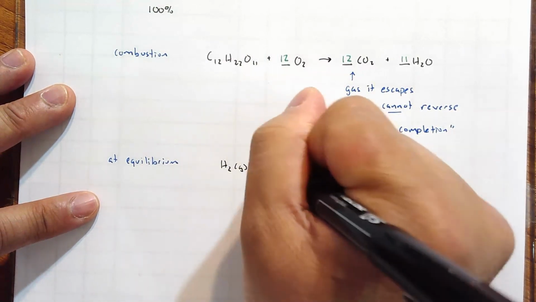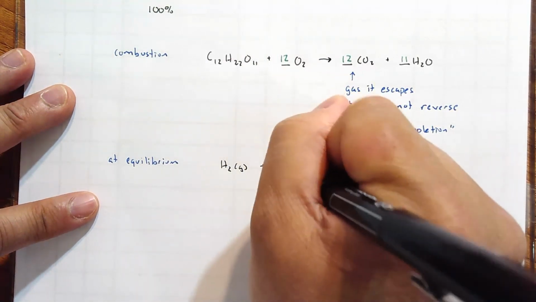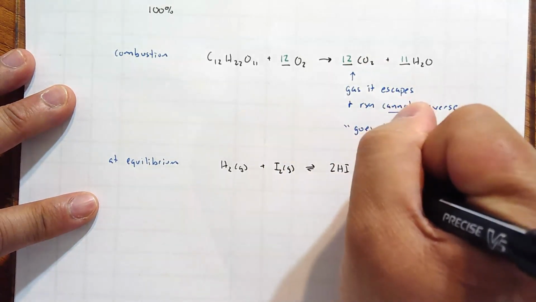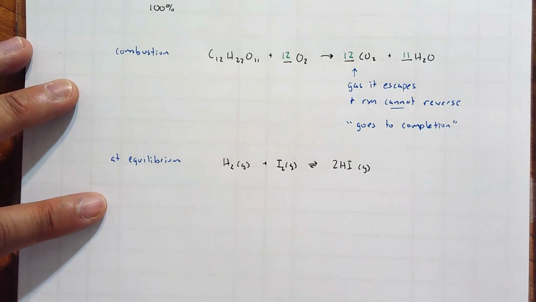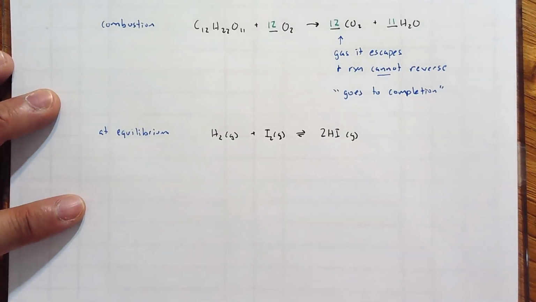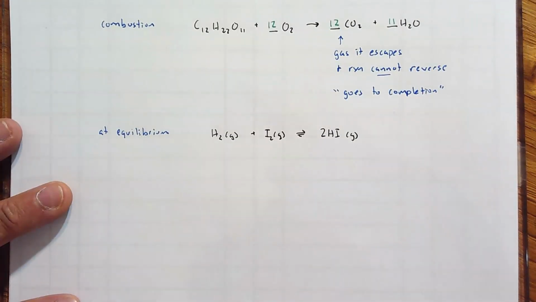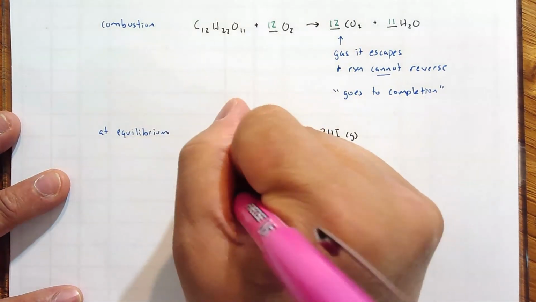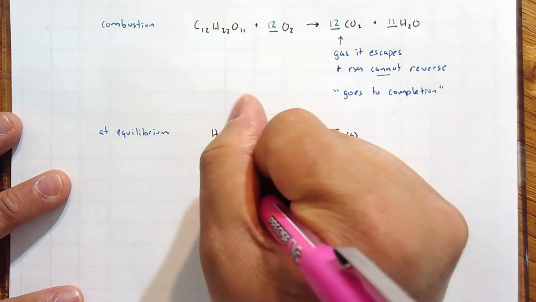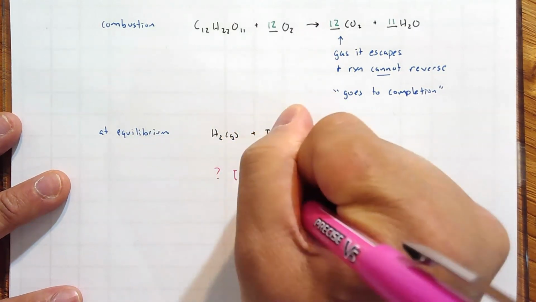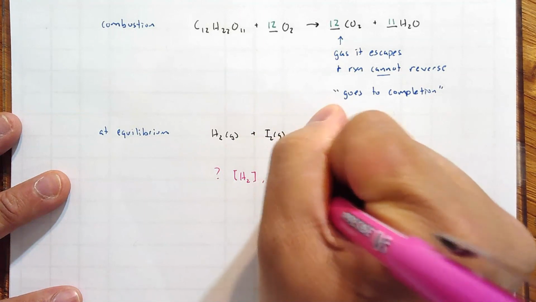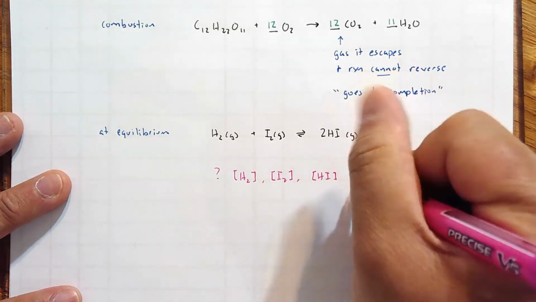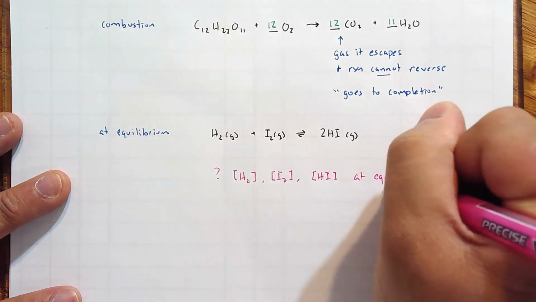H2 gas plus I2 gas, equilibrium arrow, 2HI gas. And in the next video and the following videos, we're going to ask ourselves, what are the concentrations of H2, I2, and HI at equilibrium?